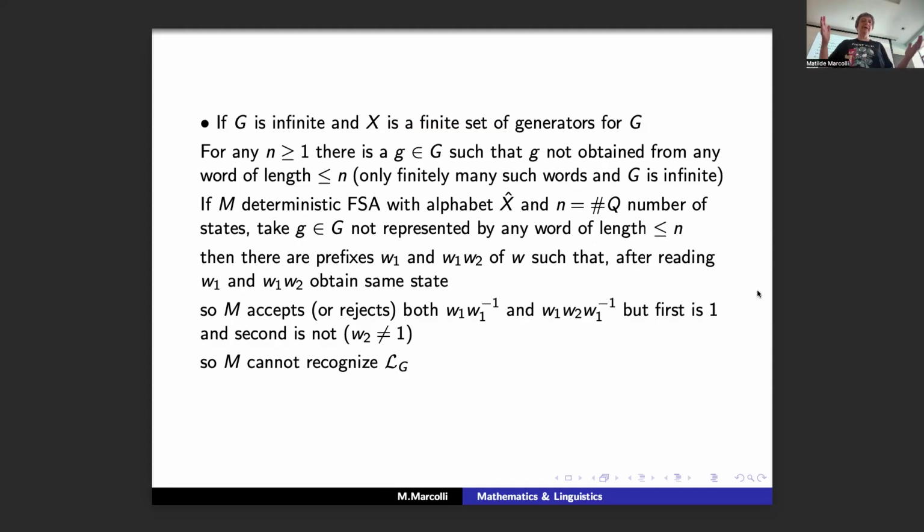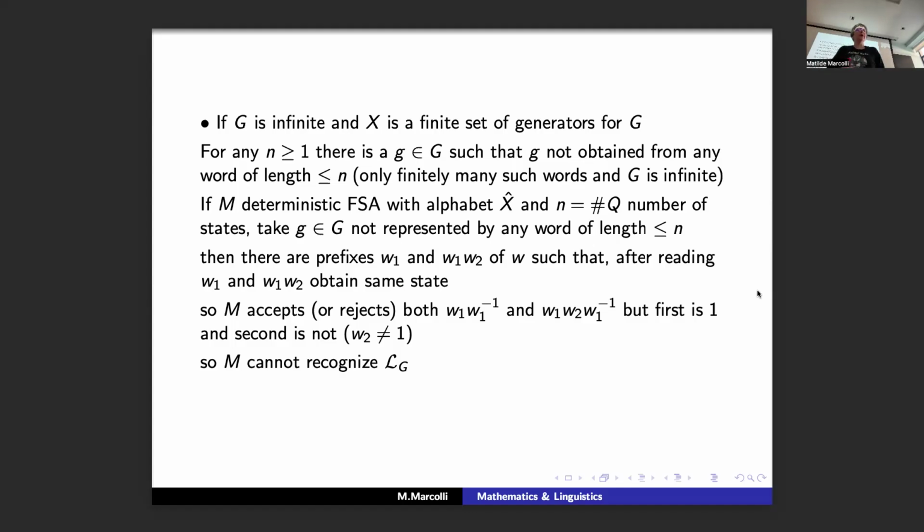And if you have a finite state automaton that has only your set of states, and no additional memory, so the only information that you can store is where you are in your set of states, then if you're trying to compute this element in the group, you would have to end up on the same state that you have already used for coding some other words before.